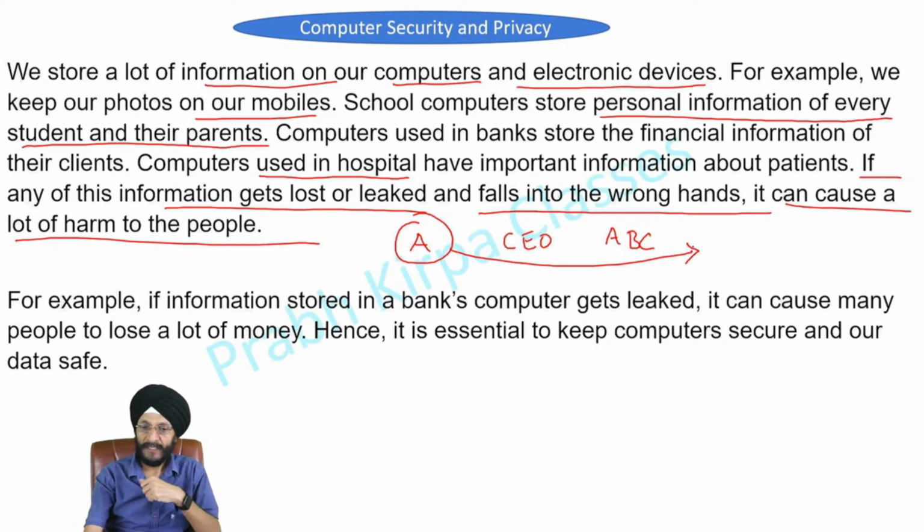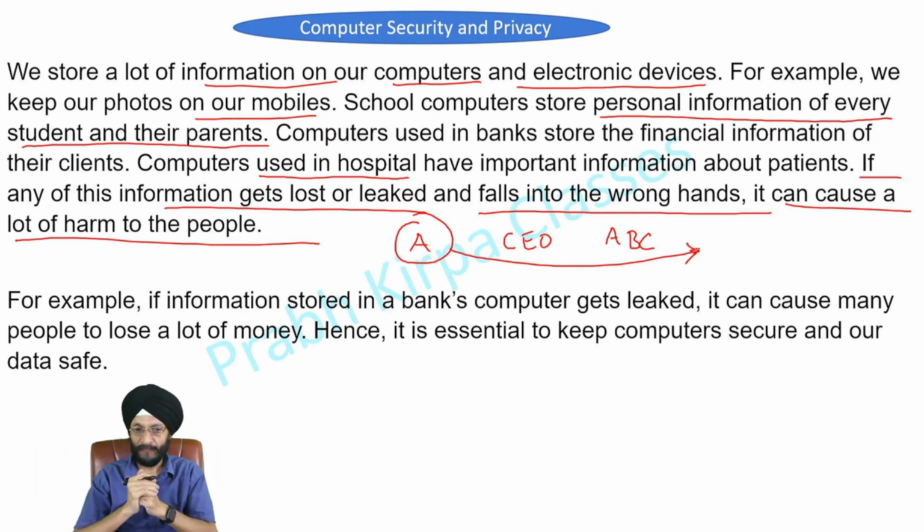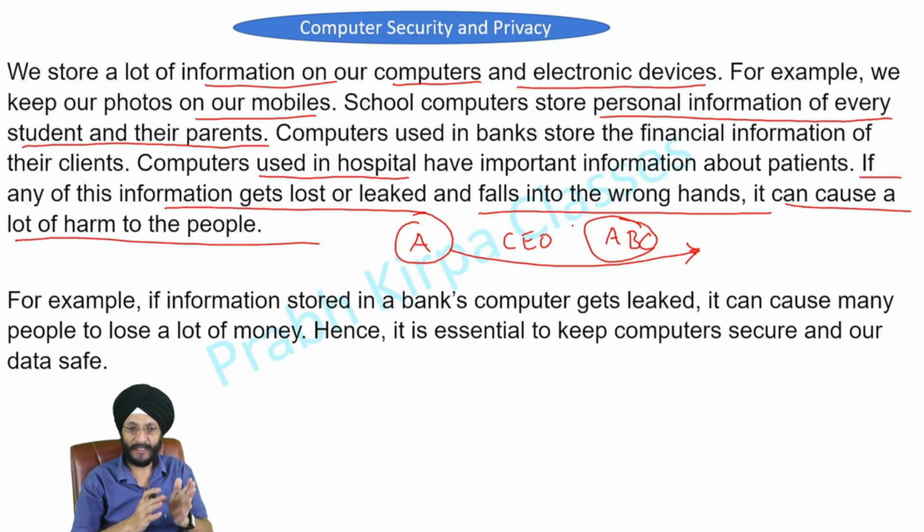If this information goes into the media or into the wrong hands, it may get published or reported on the live channels. If this organization is listed on a stock exchange, then it is quite possible that the shares of the organization may fall very steeply.